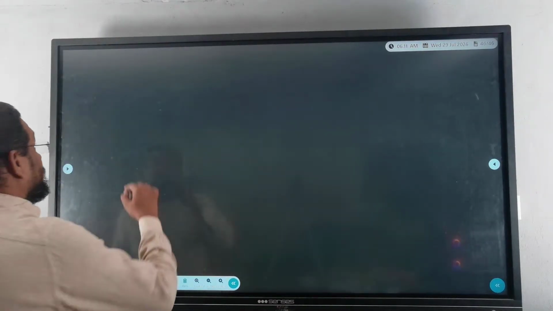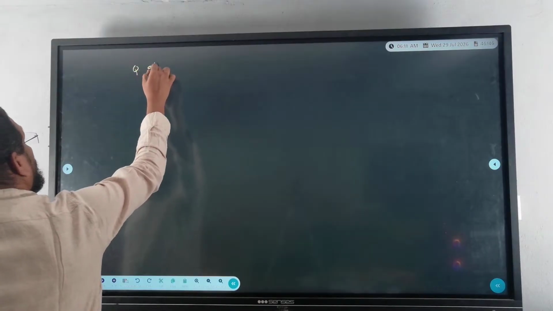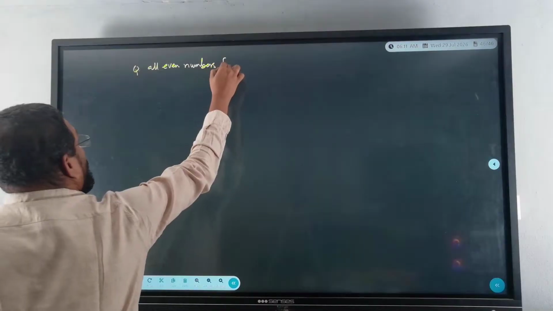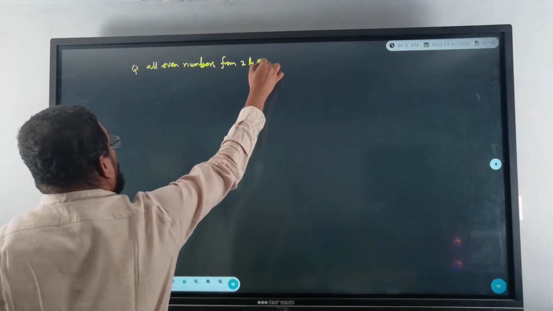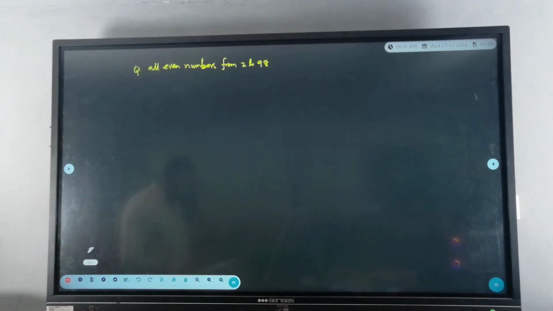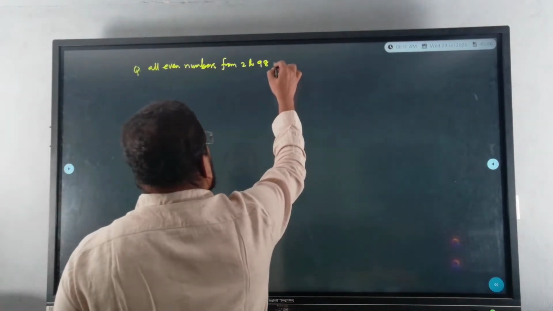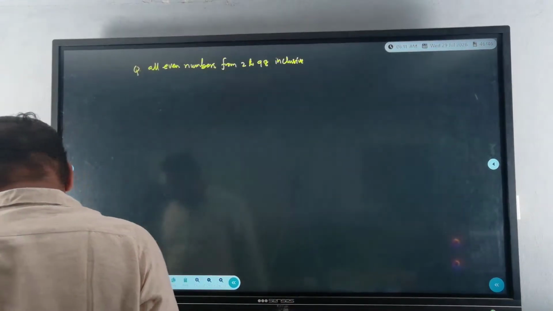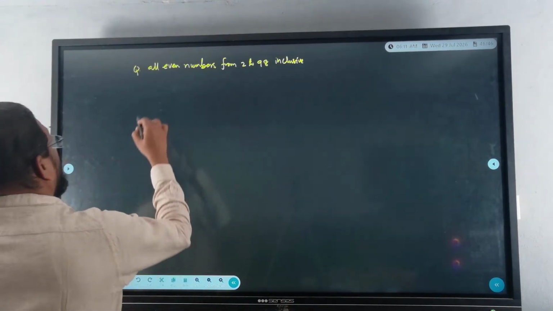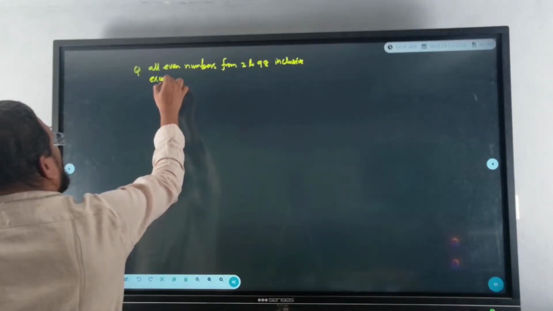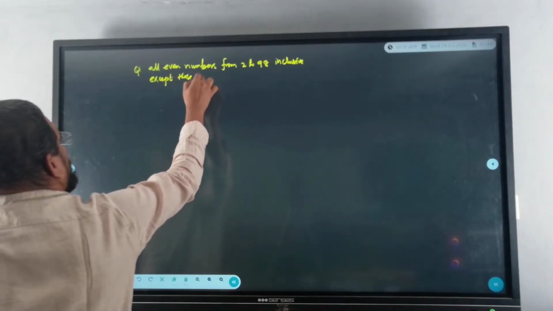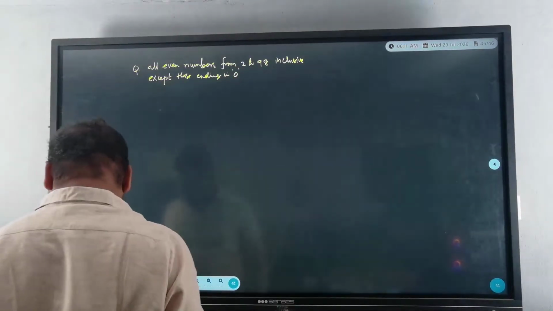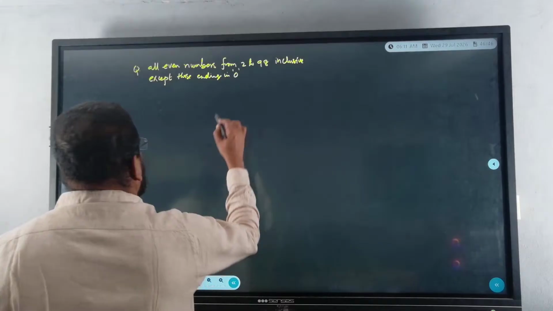All even numbers from 2 to 98 inclusive, except those ending with 0, are multiplied together.